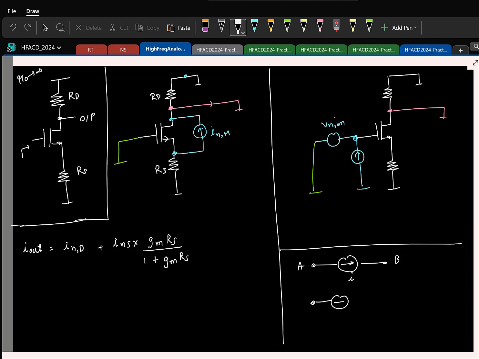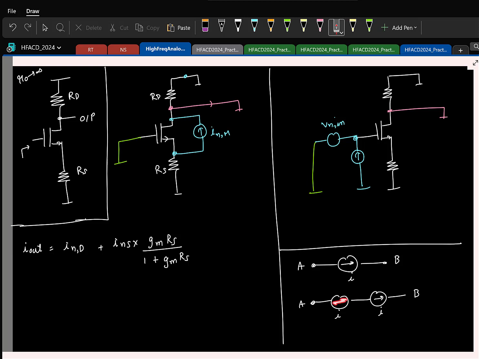So if I split this current source as two identical current sources with the same current I, it is still fine, nothing changes. Okay, so let us say I have a case like this. What can you say about this node potential?